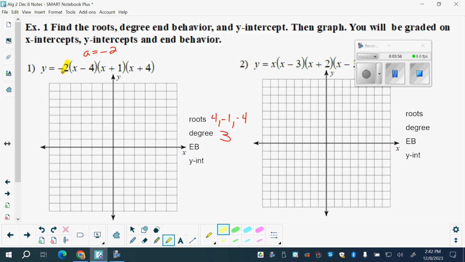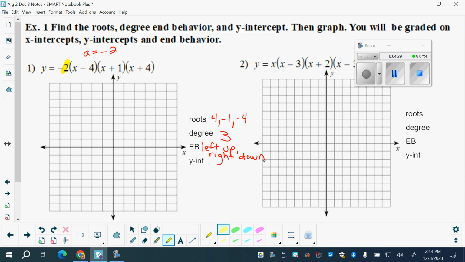What's my end behavior? Left up, right down. So right now, you just look at your table to know what that is. Left up, right down. Does that make sense? Yes.